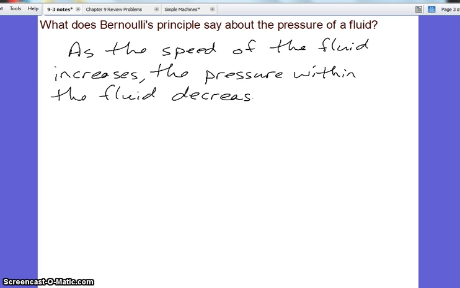So as the fluid moves faster, the pressure drops. So as the speed goes up, the pressure goes down. And likewise, as the speed goes down, the pressure goes up.